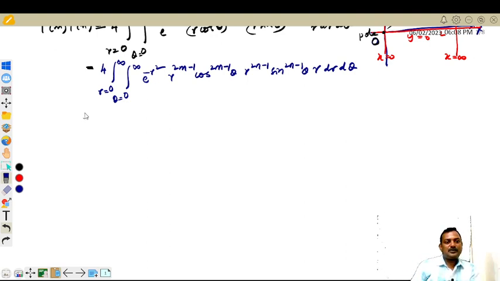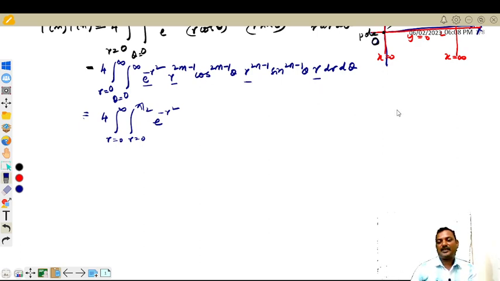Just look, which is equal to 4 times the integral, r runs from 0 to infinity, theta runs from 0 to pi by 2, so e raised to minus r square, write as it is, and here one r, another r, another r. So there are three values of r. When bases are same, powers are added. That is r raised to 2m minus 1 plus 2n minus 1 and plus 1, because r power is 1.